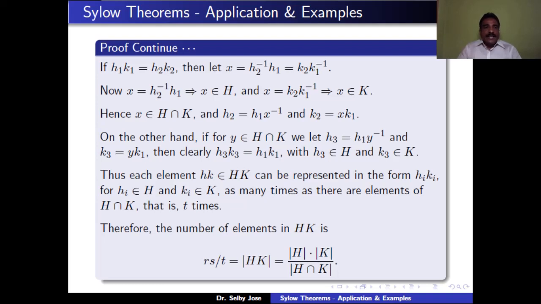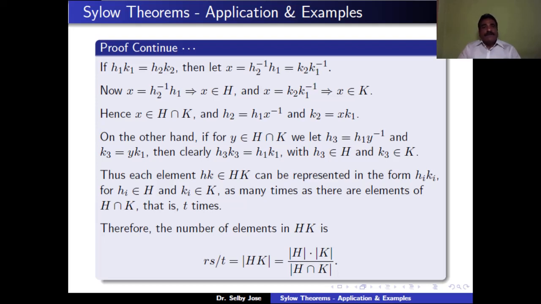Therefore, we can write h2 is equal to h1 x inverse and k2 is equal to x k1. That means that if h1 k1 is equal to h2 k2, you can always find an element x in H intersection K such that h2 is equal to h1 x inverse and k2 is equal to x into k1.